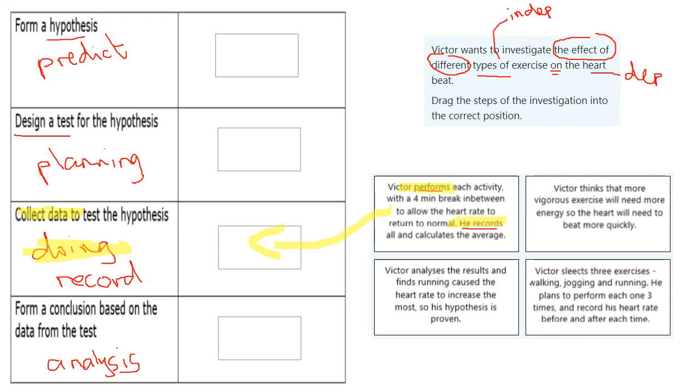We'll go across next. Victor thinks that more vigorous exercise will need more energy. This is predicting, this is future tense, because the heart will need to beat more quickly. He thinks, he is planning, he is predicting, he is guessing about what will happen. So this is the hypothesis formation.